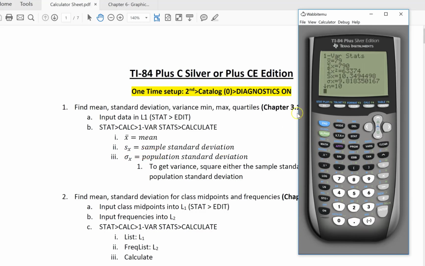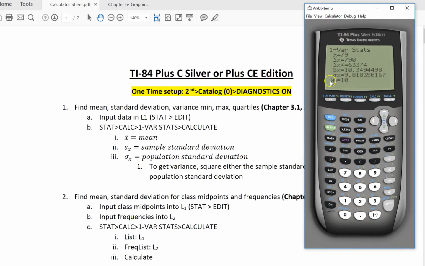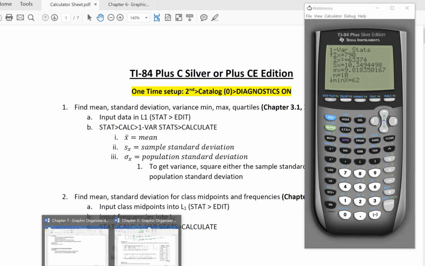Sx means our sample standard deviation, which you'll learn later on. And then sigma x is our population standard deviation. Also notice there's a down arrow. You can scroll down and see the min, Q1, median, Q3, and max. I'll get to these later, but I just want you to be aware that that's what's under 1-Var Stats.